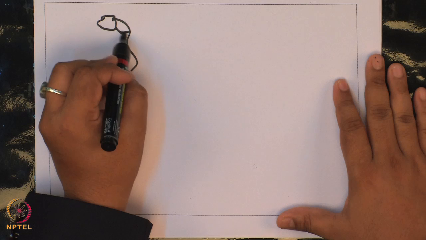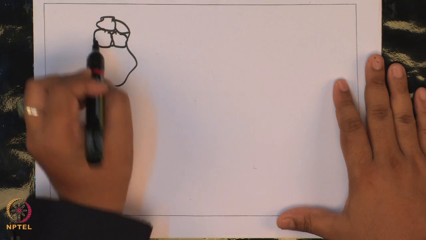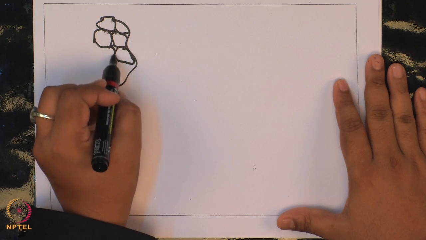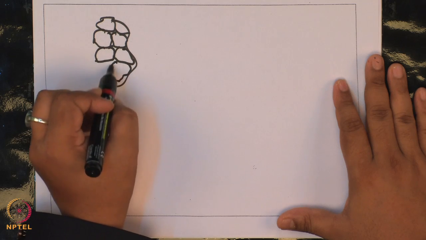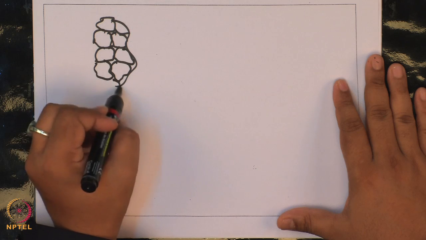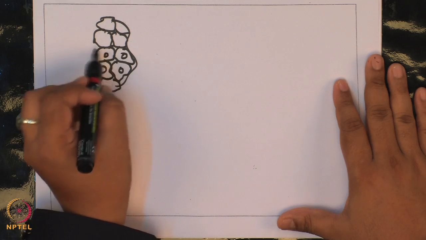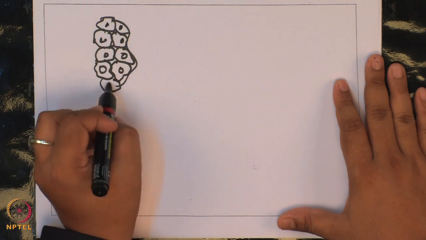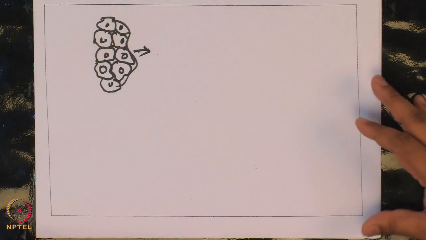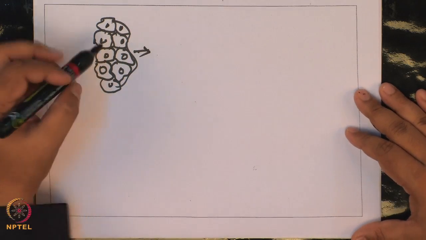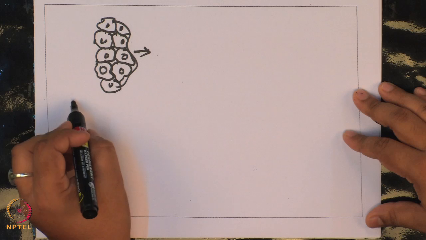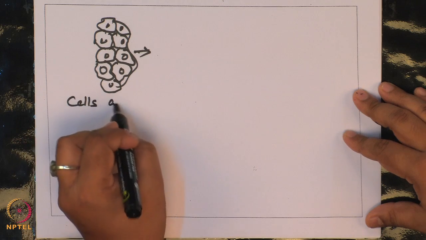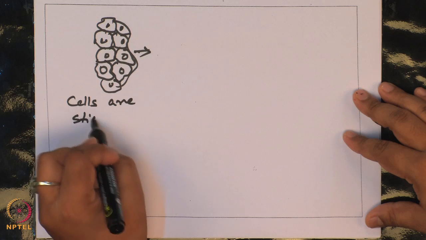By collective cell migration, you have a group of cells. Let us say this is a group of cells, and each of these is a cell which is migrating. But it is not necessary, the way I have drawn this, that cells are sticking to each other.